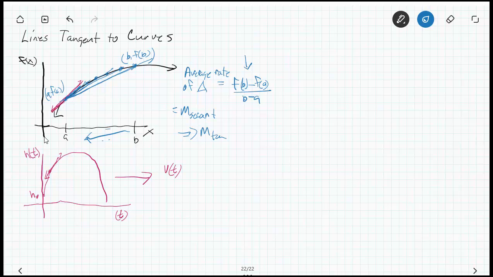And they started with position graphs, which were relatively easy to figure out, and then they wanted to get from a position graph to velocities at any point along that, which, if you think about it, represents instantaneous rate of change, which is the slope of the tangent line. Okay? So average rate of change, slope of the secant line. Instantaneous rate of change, slope of the tangent line.